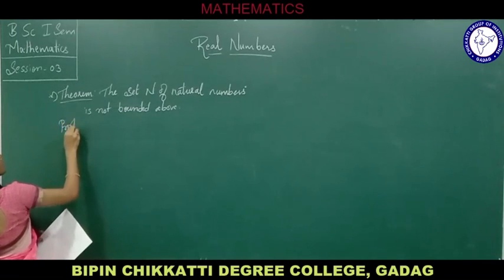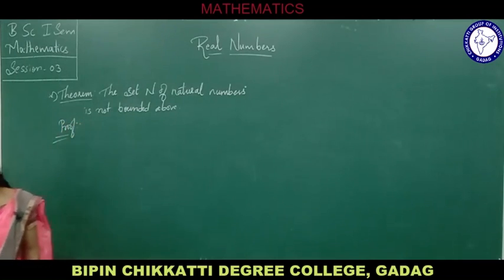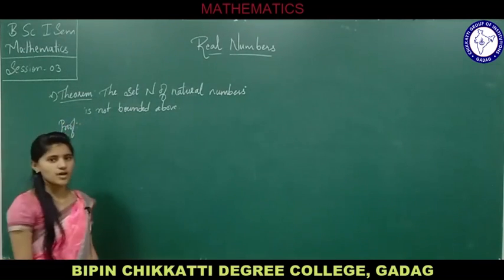See what we are supposed to prove? This set N of natural numbers, it is not bounded above.